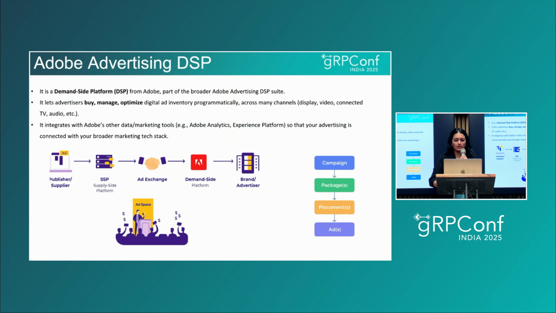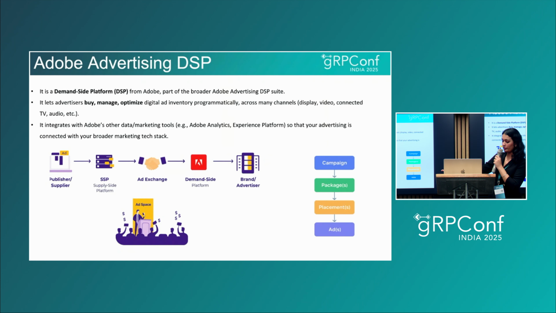Now we'll be talking about the DSP campaign structure. A quick glance at it. The campaign lies at the top and defines key parameters like budget, duration, advertiser, etc. Then we have the package. A package groups multiple placements that share common pacing strategies and optimization goals, so that we can allocate budget to better performing placements.